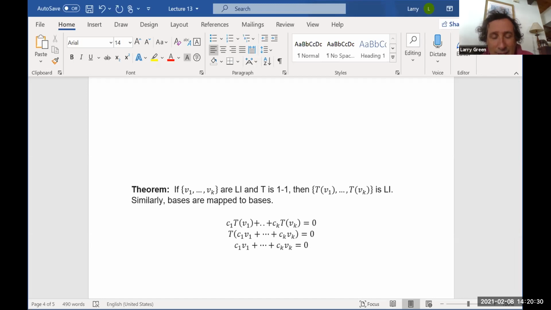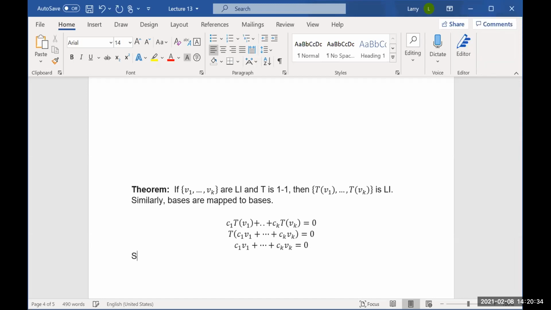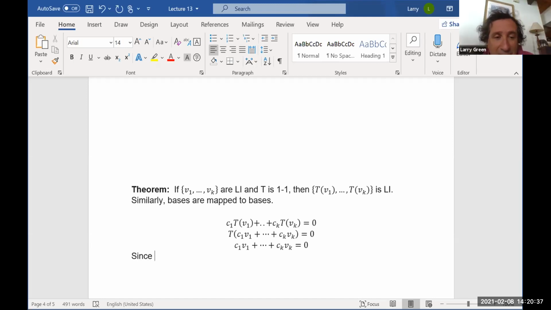All right, now what can I conclude? It's linearly independent. Since v1 through vk are linearly independent, that means that the c's are all 0.